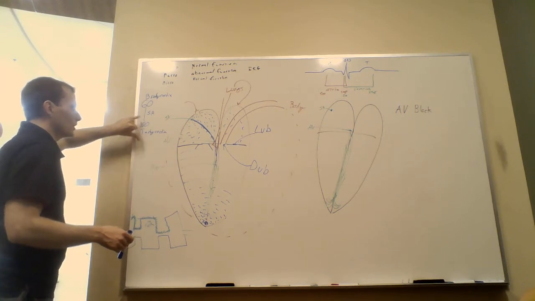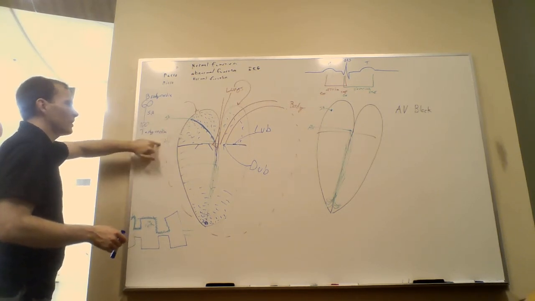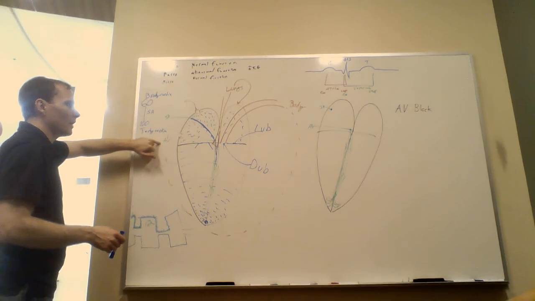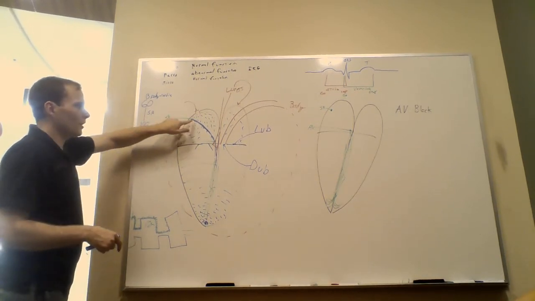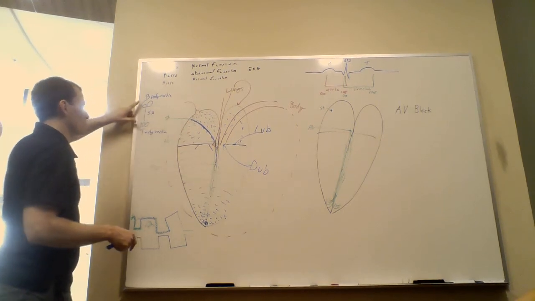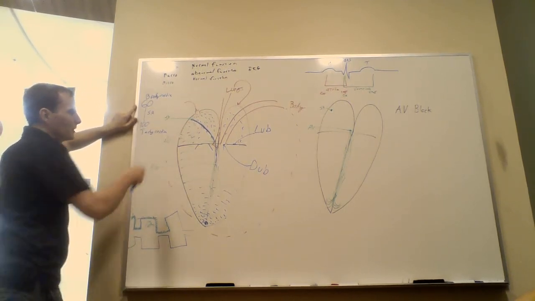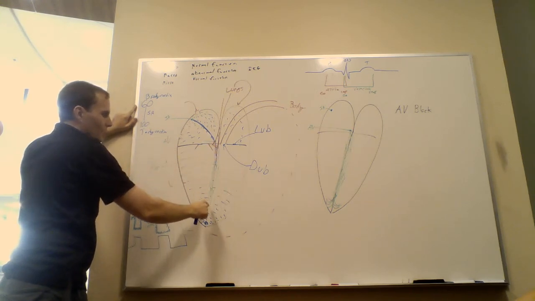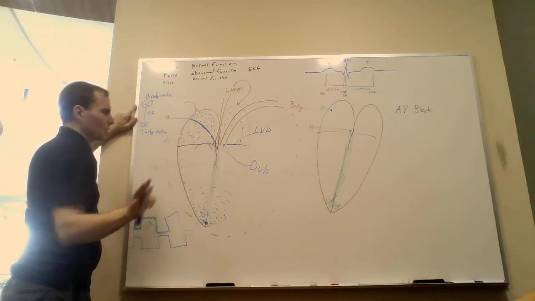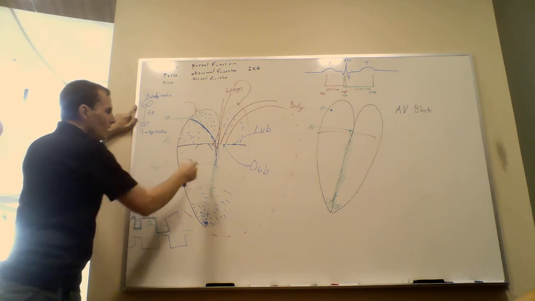Normal functioning, we talked about the SA node. I didn't talk about the AV node, so let's go ahead and do that now because we need to understand that. The SA node is going to send off an impulse every 60 to 100 beats per minute, as well as send off the impulse down through the AV node, which is just passing it on.